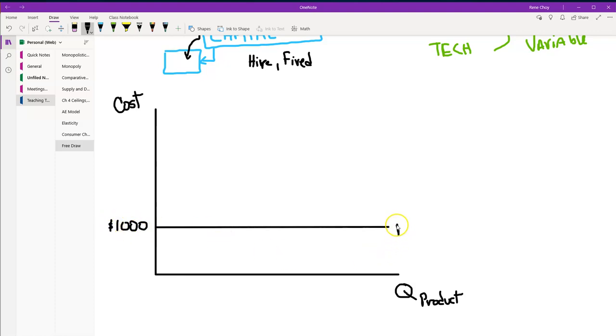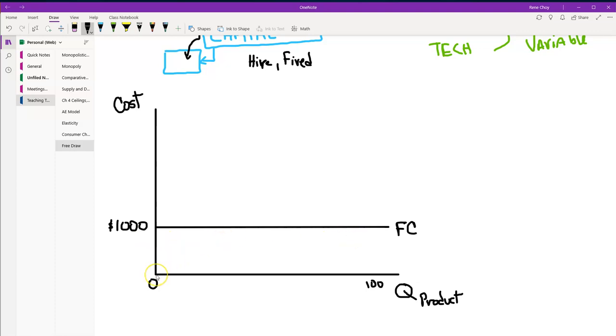This is what we call your fixed cost. Notice again that your fixed cost is the same along the quantity. It doesn't matter how much you're producing, whether you're producing 0 or you're producing 100 units, your fixed cost is 1,000.